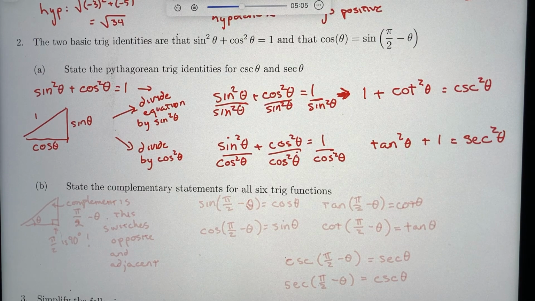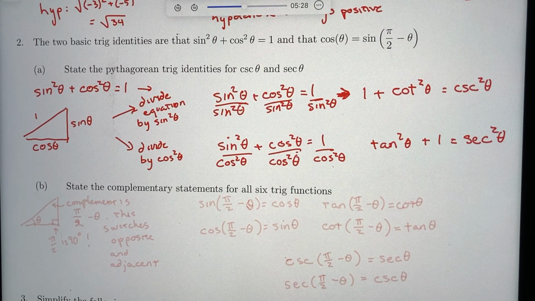So you will have to remember these. So sine squared and cosine squared, they're sort of interchangeable. You have to be careful with cotangent and tangent because they're not interchangeable with cosecant and secant. Cotangent squared is always smaller than cosecant squared. So be careful with that.